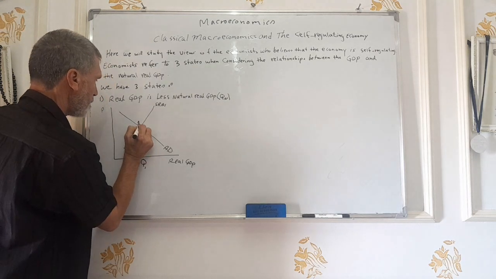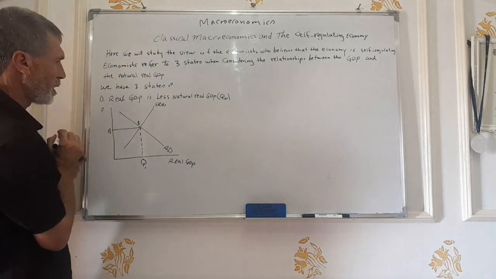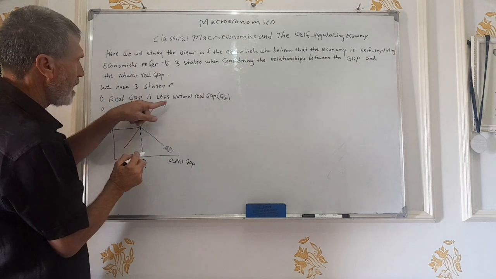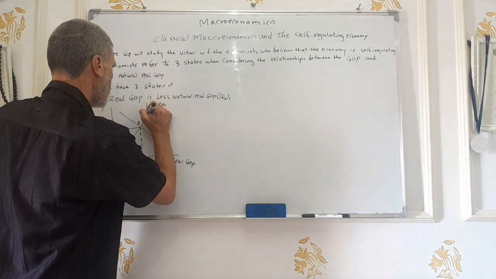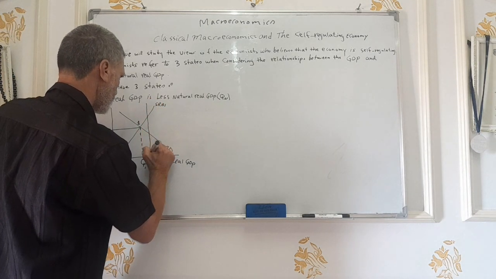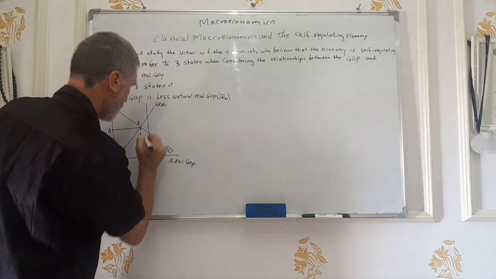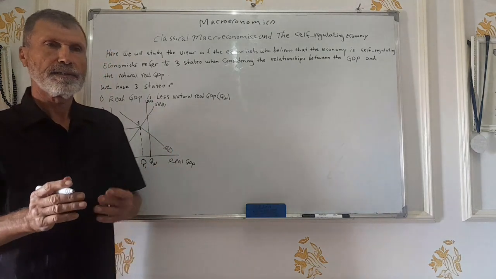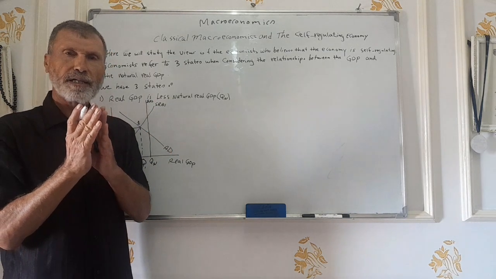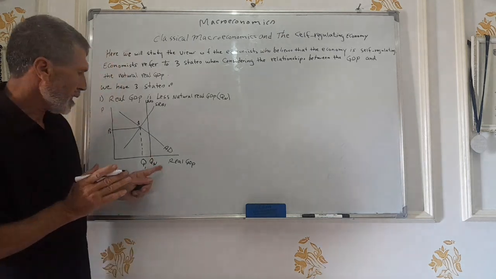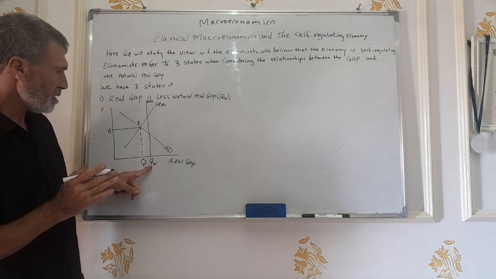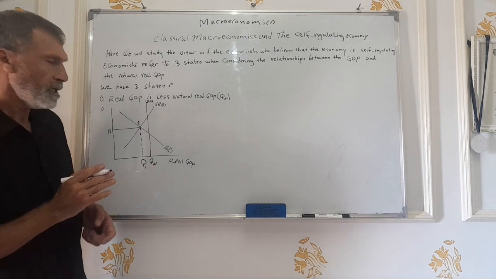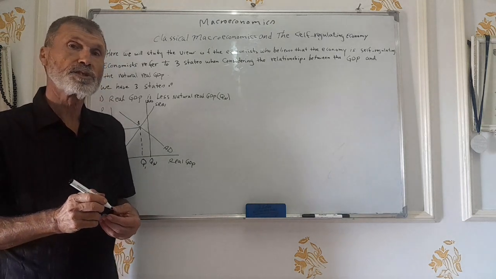This is Q1. This is P0. Now we said real GDP, Q1, is less than natural GDP. This is natural GDP, Qn, and this is long-run aggregate supply. Long-run aggregate supply intersects the horizontal axis at Qn, the quantity of output that the economy produces in the long run.